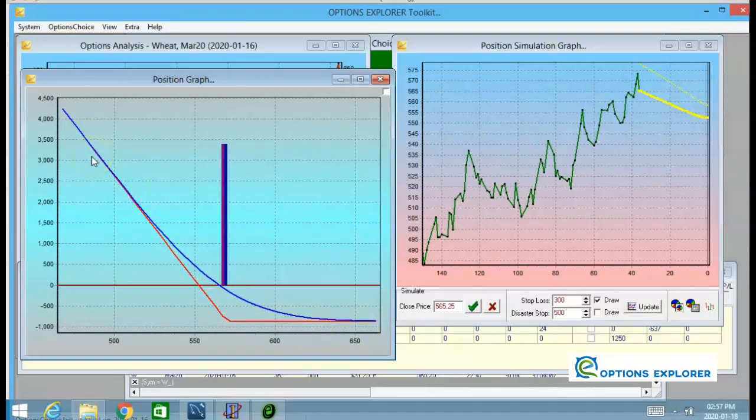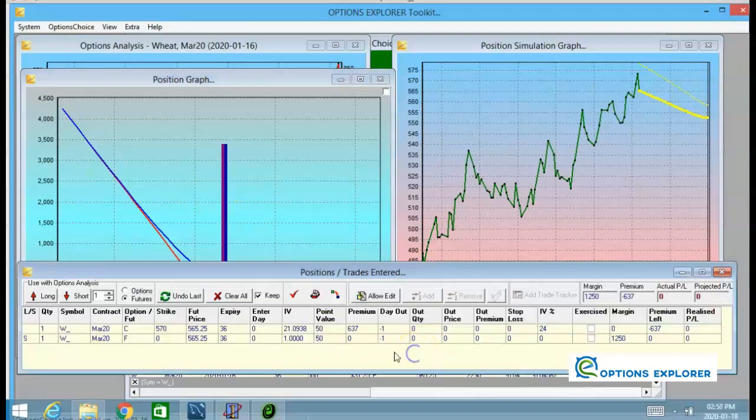That is exactly the same as the long put we had a moment ago. However, we don't have a long put. We've got a combination. We've got a long call at the strike price of 570, and we've got the short futures at the current market price of 565.25. And this combination gives us exactly the same result as when we went long the put.